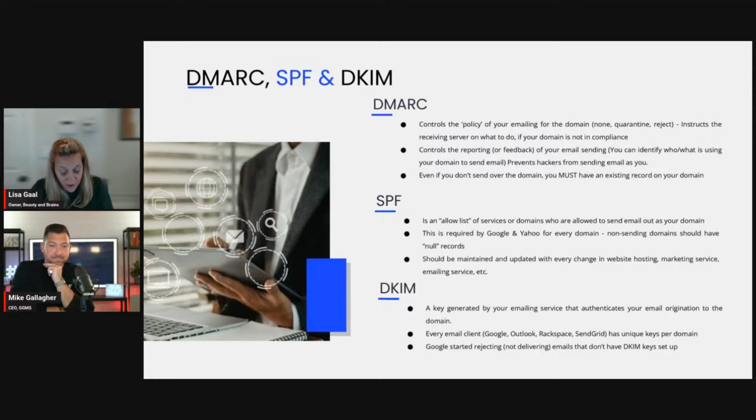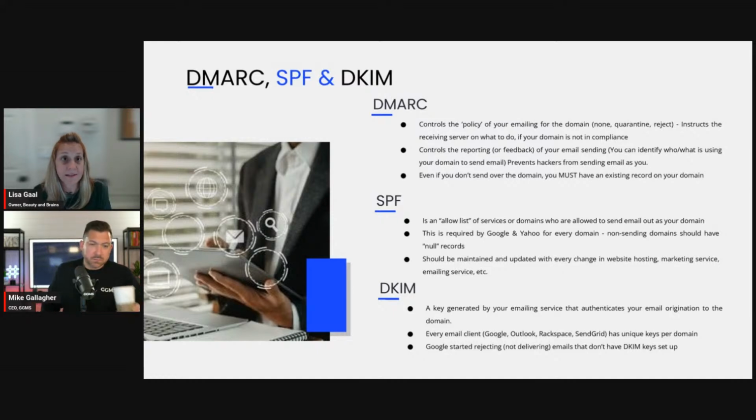And then that's how it determines where it gets delivered, if it gets delivered. Yeah. The DKIM key, you can have multiple DKIM keys on your domain. A DKIM key is essentially a key that unlocks a door. It says, this is my security key that says I'm allowed to send email for this domain. Not every third party provides these.